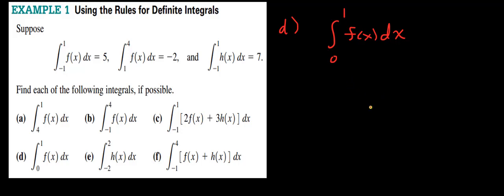So for example, if they gave us the information about the integral from -1 to 0 of f of x dx, then we could find out what this is, since the integral of f of x from -1 to 1 is given. But since this information is missing, we cannot find the integral of f of x from 0 to 1. So it's not possible.